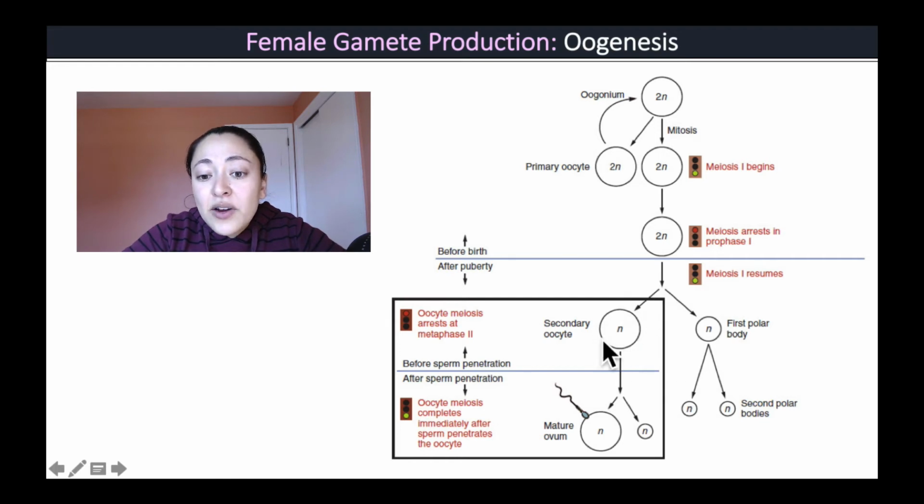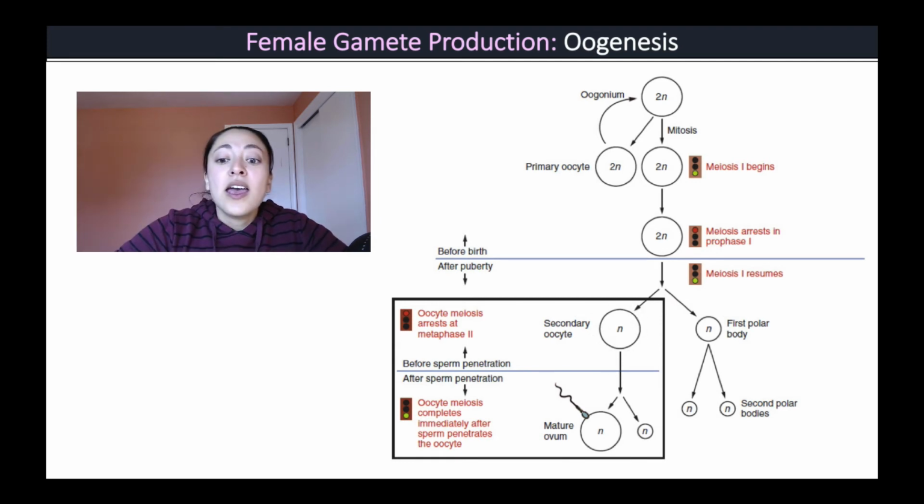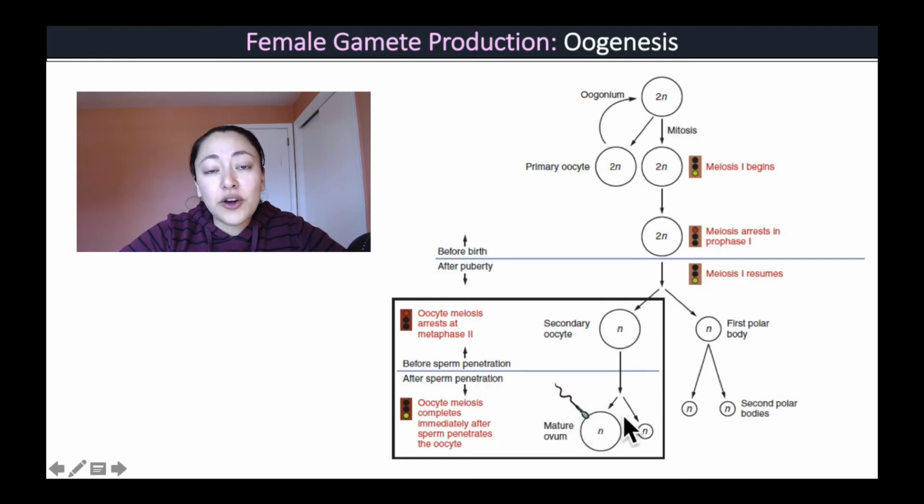That secondary oocyte will then be ovulated. And so this is what's actually ovulated from the ovaries. And they still haven't undergone meiosis 2 yet. And the secondary oocyte will actually never undergo meiosis 2 unless a sperm begins to penetrate its outer membrane.